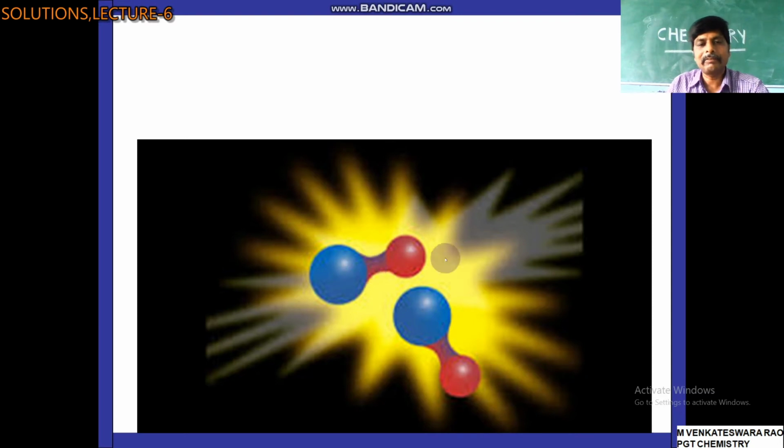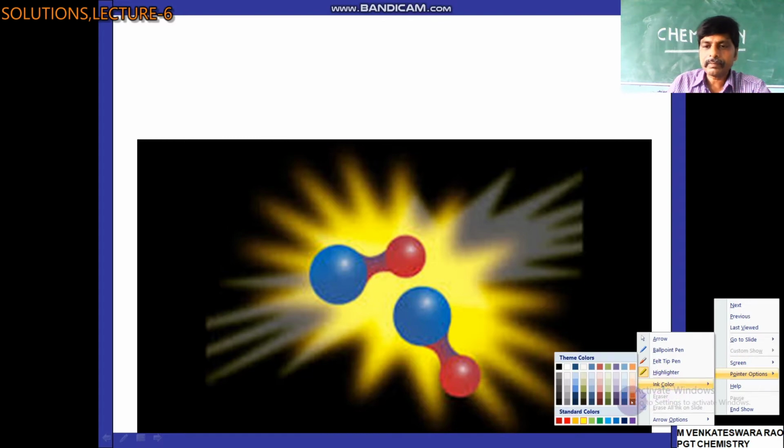Here also one fight is there between these two molecules. These two molecules collide with each other. This is one molecule, this is another molecule. Collisions will take place.